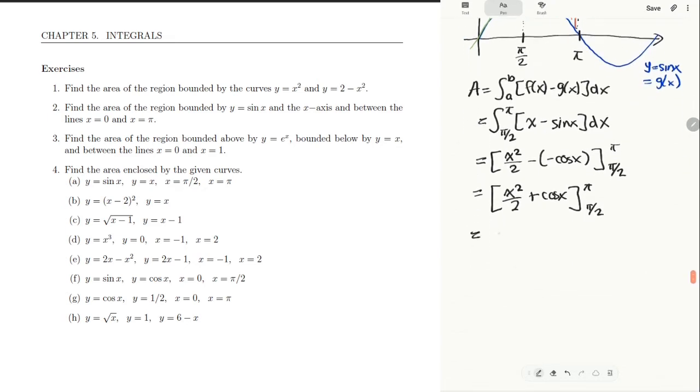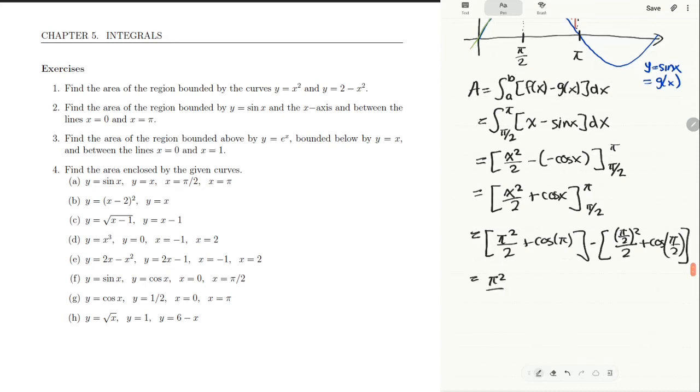And now we substitute pi into the antiderivative, so that's pi squared over 2 plus the cos of pi minus (pi over 2) squared all over 2 plus the cos of pi over 2.